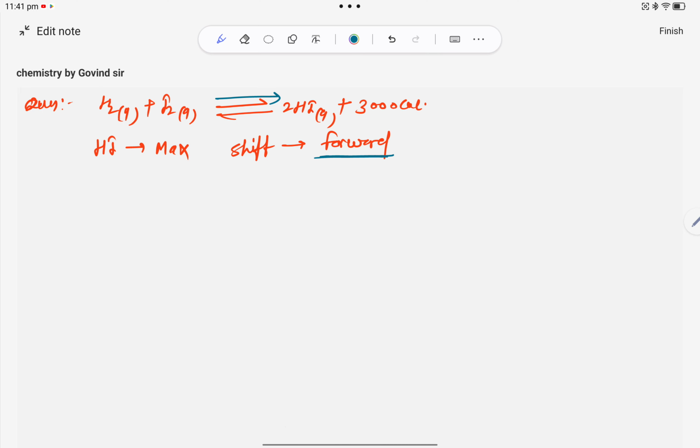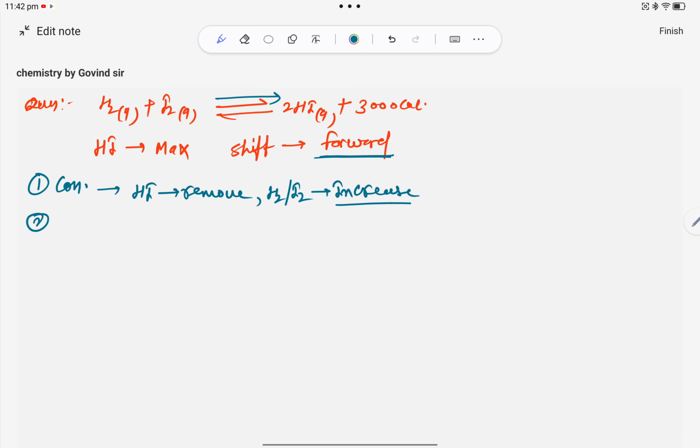So if the equilibrium shifts in the forward direction, then only the production of HI will increase. One by one we will talk. Concentration: what is the condition? If you remove the HI, then the equilibrium shifts in the forward direction, or if you increase the concentration of H2 or I2, then also the equilibrium shifts in the forward direction.